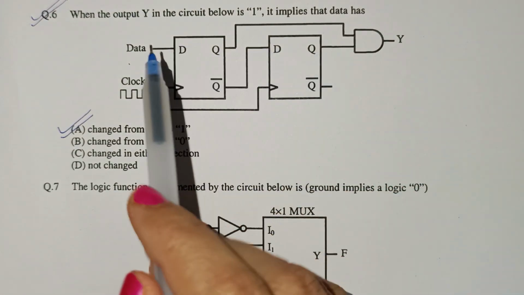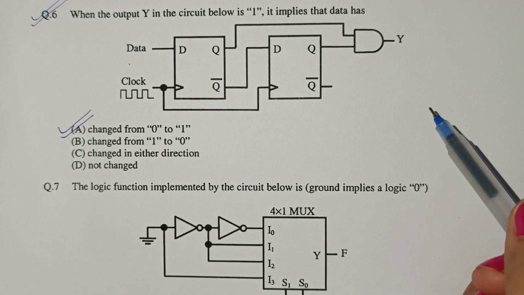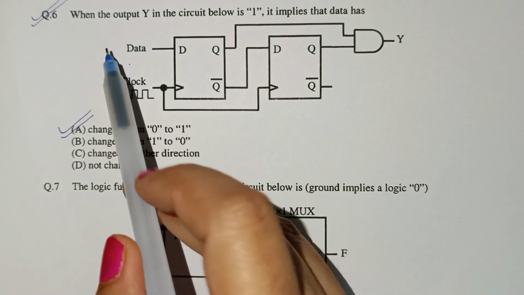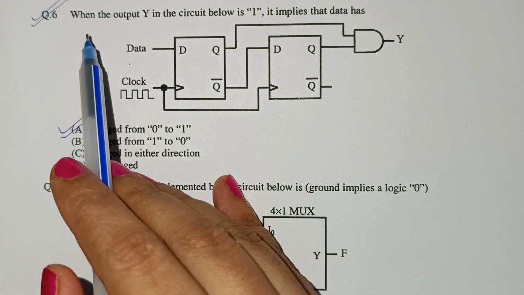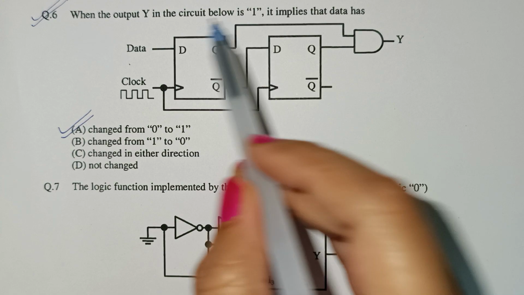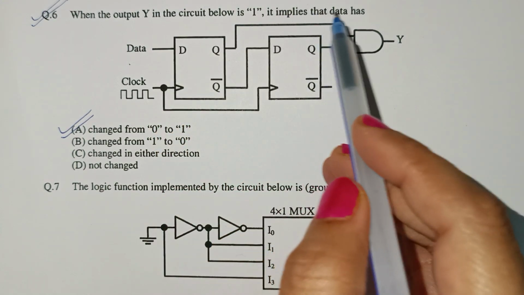So today we will solve GATE & ESE 2011 questions of digital electronics. In the first question, it asks what the data change is when the output Y in the circuit is 1.